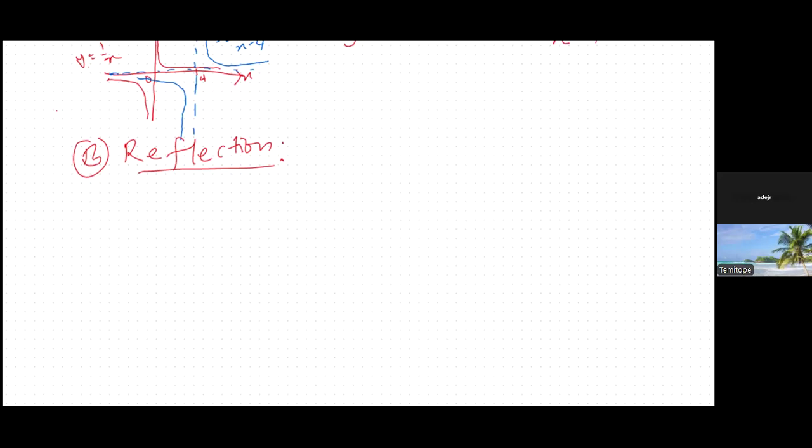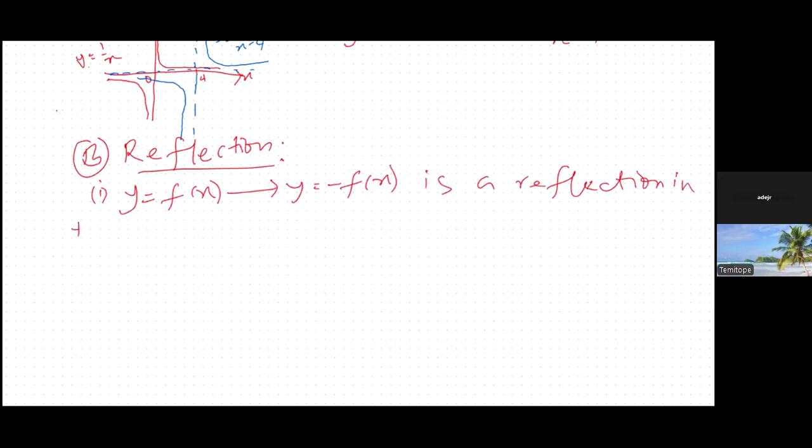So let's now look at how reflection will work. Roman figure 1: y equals f of x transformed to y equals minus f of x is a reflection in the x-axis.